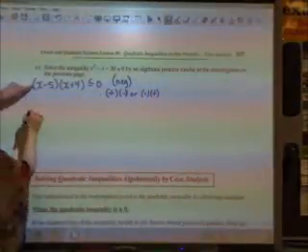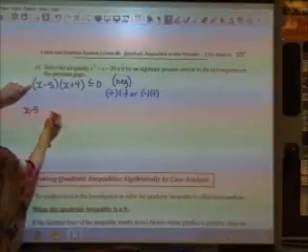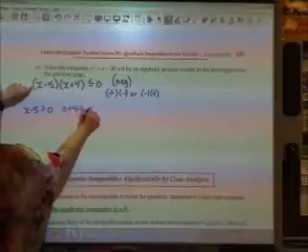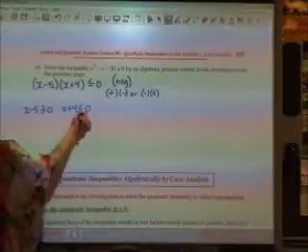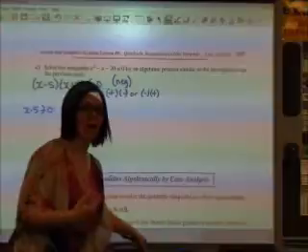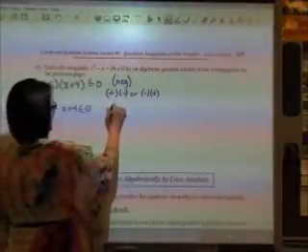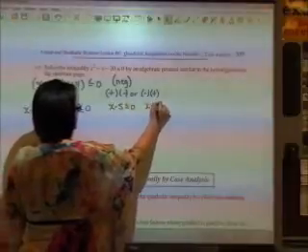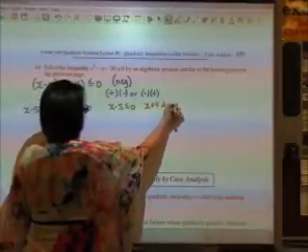So my first case is that x minus 5 is positive and x plus 4 is negative, and they can be equal to 0. And my other case is that x minus 5 is negative and x plus 4 is positive.